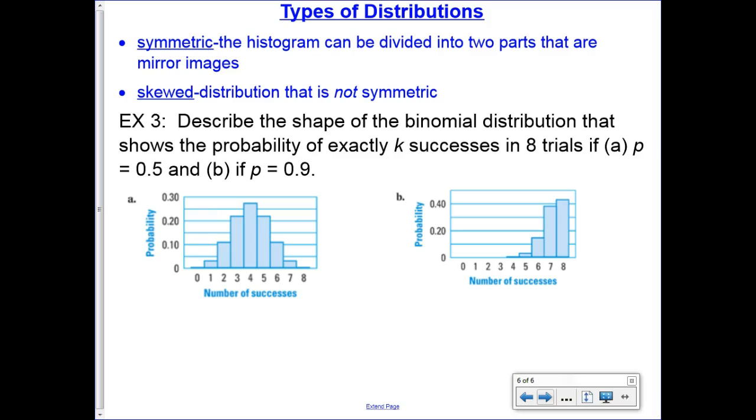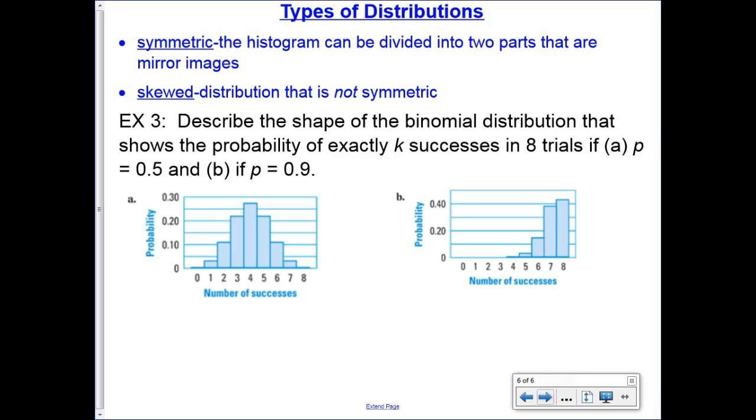Well, the answers are right here. This is what I want you to see. With 0.5, that's 50%, so you have just as equal a chance of a success as a failure. You can see how your highest number of successes is centered there at 4 of 8 trials. Very few times would you have no successes or all successes with a 50% probability.